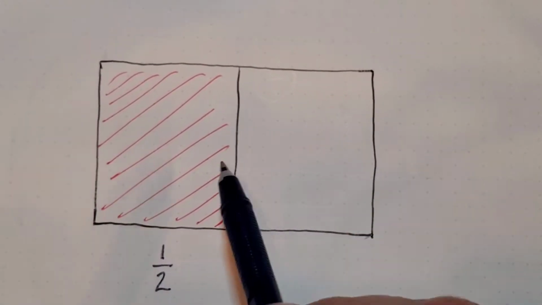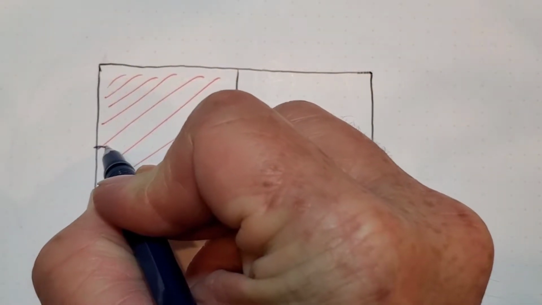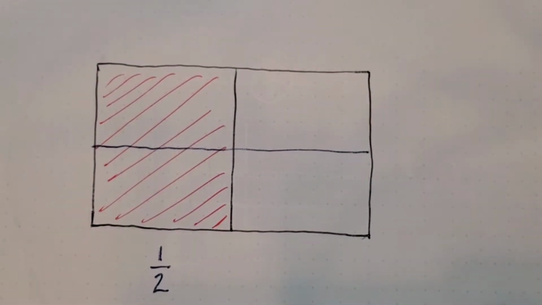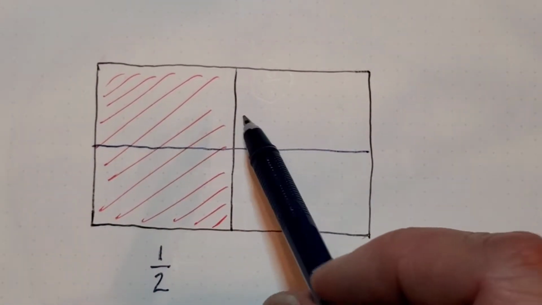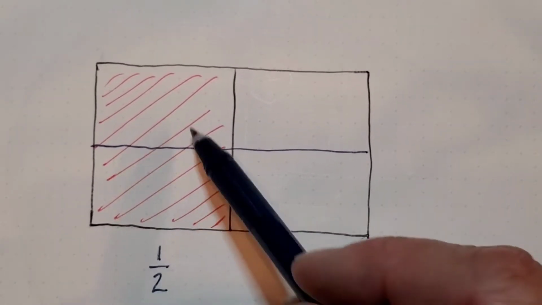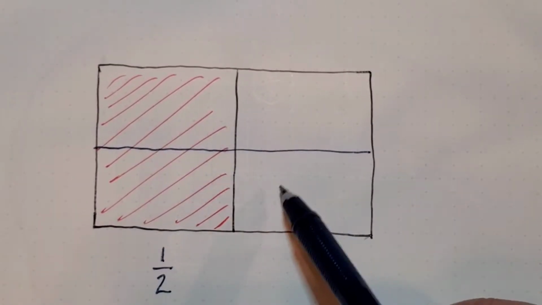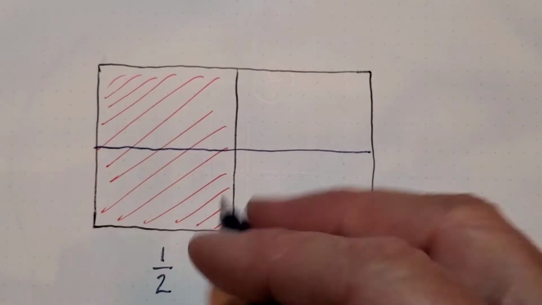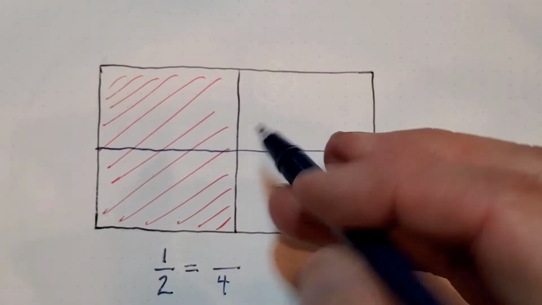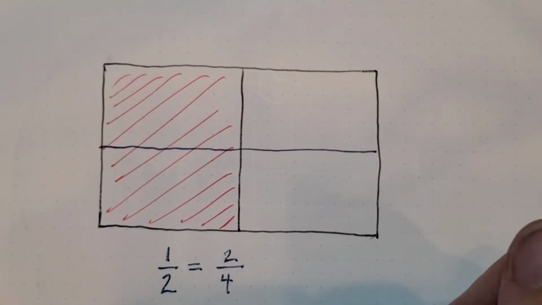Now, if I wanted to partition this differently, I could do something as simple as just draw a horizontal line straight through the middle like this. And now you can see the shaded piece has not changed, but instead of being partitioned into two equal sized pieces, it's now partitioned into four equal sized pieces. So I can say that I now have two shaded parts of the four equal sized pieces.